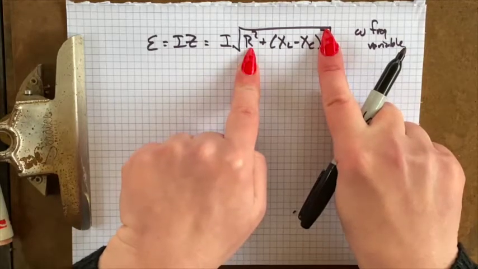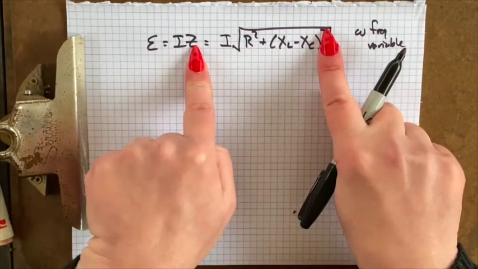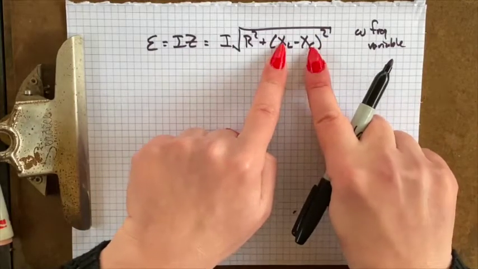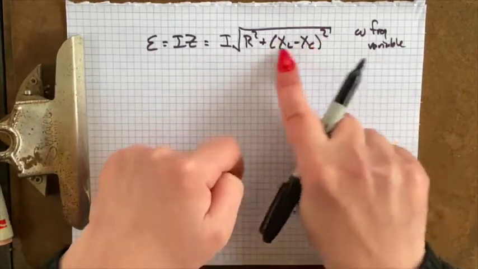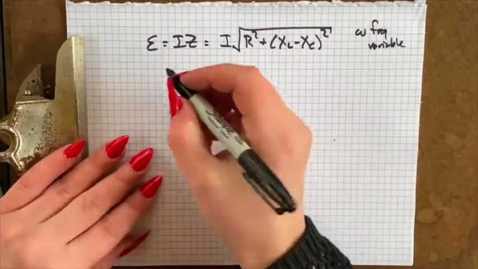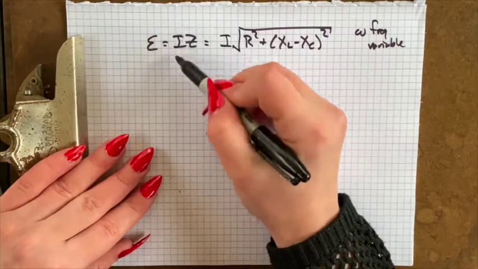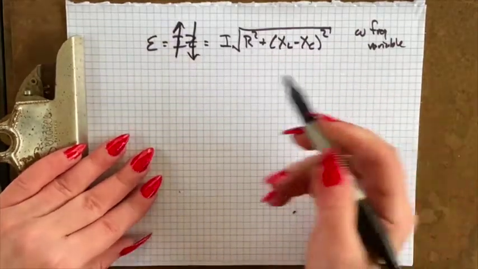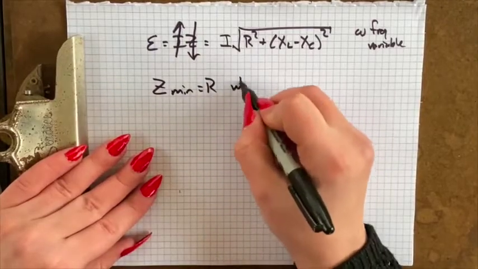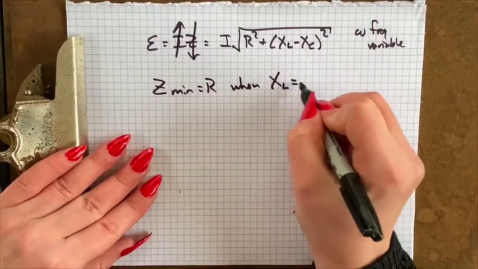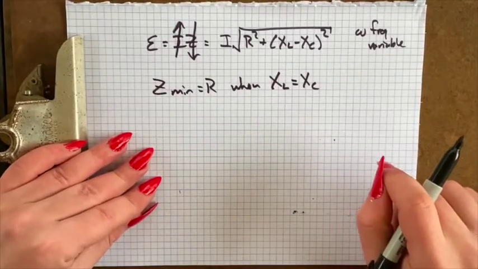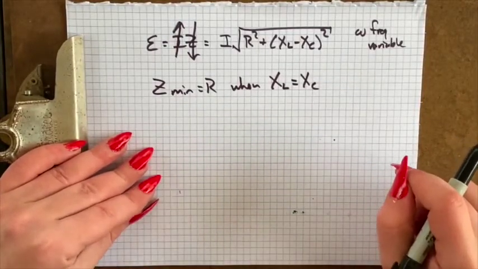The resistor is just R, so Z is equal to R. But if these are anything other than perfectly equal, there will be a remainder, and that will add to R and make Z larger. So if I wanted to maximize I, we must minimize Z. And Z minimum is equal to R when XL is equal to XC. So that's a special condition for maximizing the current.